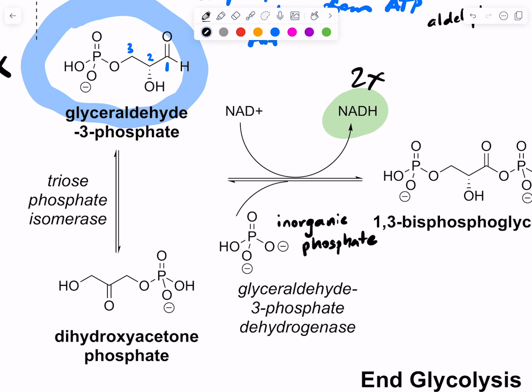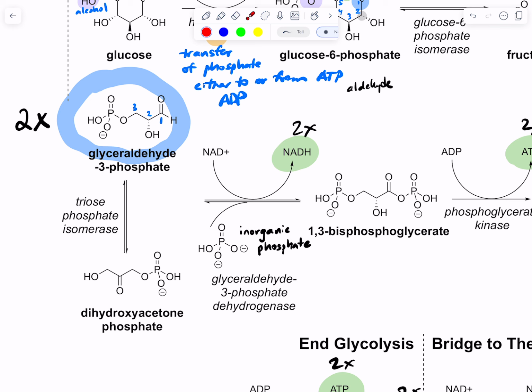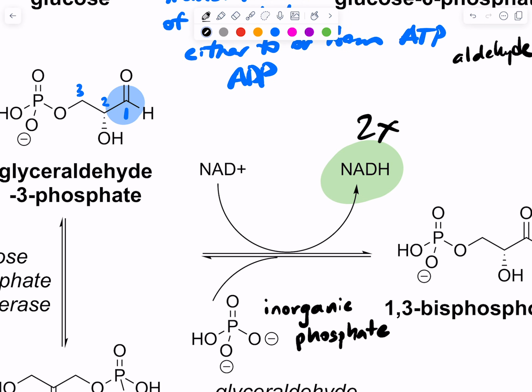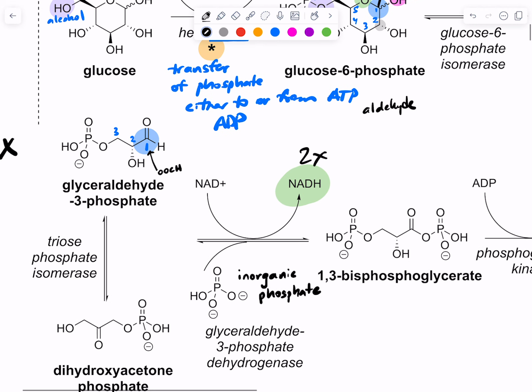Anyway, what we do in this process, if you pay attention to the aldehyde carbon, we're going to oxidize it from the aldehyde oxidation state, where it's bonded to oxygen, another carbon, and a hydrogen, to a higher oxidation state.